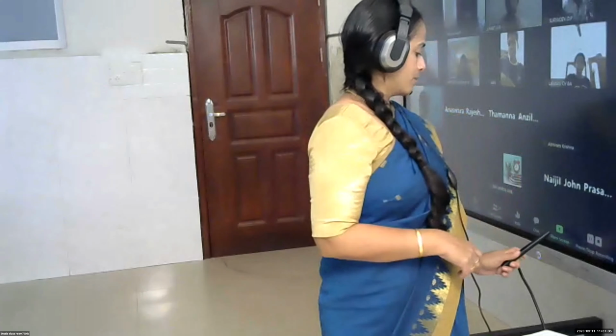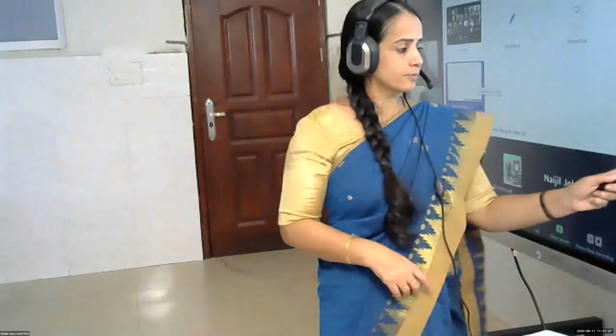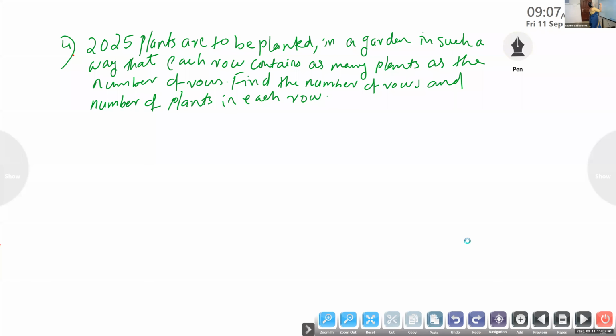Simple question, right? Let X be the number of plants in each row.